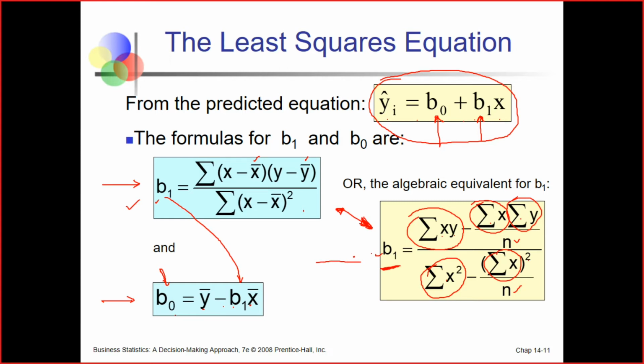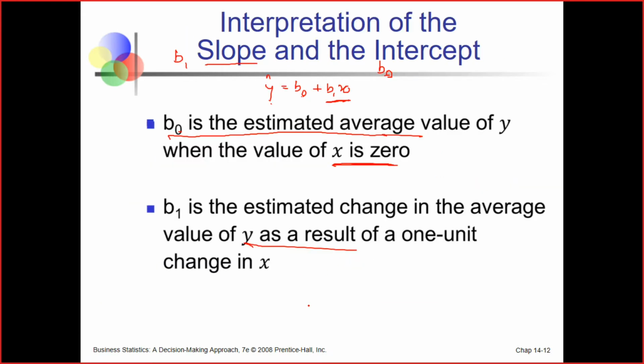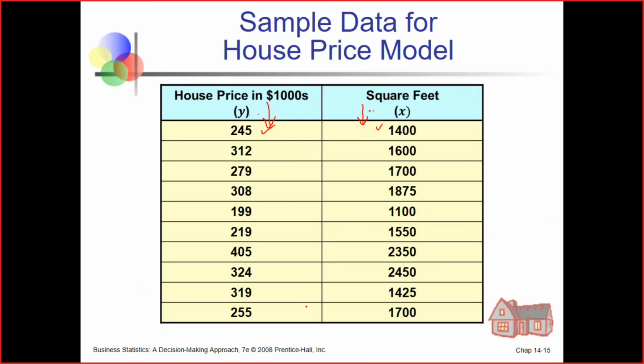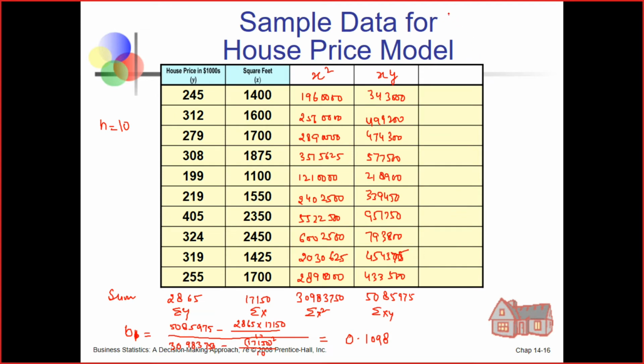Now we'll use it for B0. B0 is equal to the mean of y, so the total is 2865 divided by 10, the mean will be this, minus the value of B1, 0.1098, and multiply the mean of x, so we have x 17150 divided by 10, so 1715. So here we find the value.